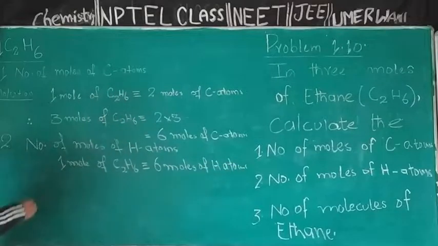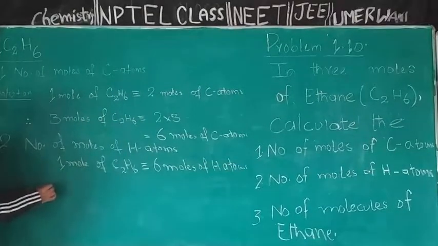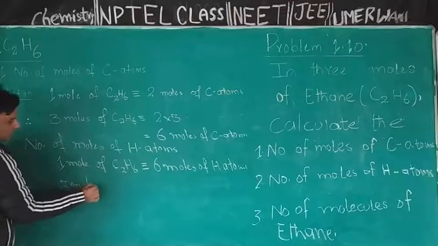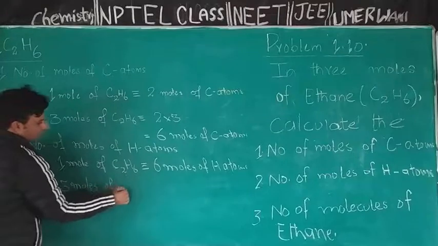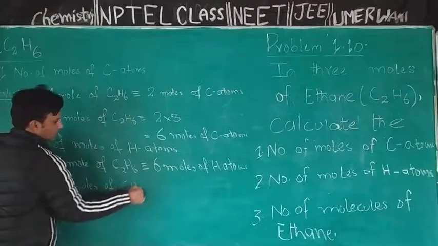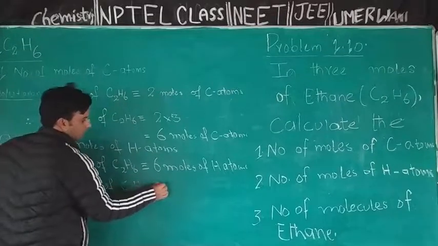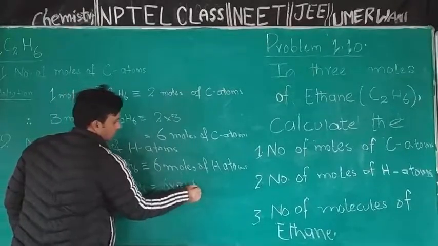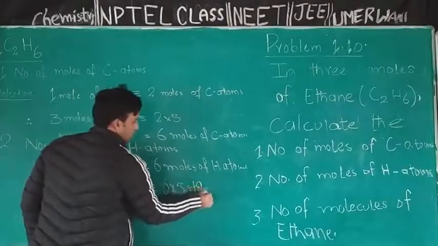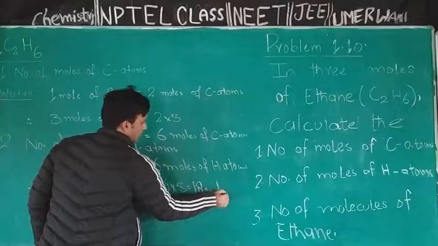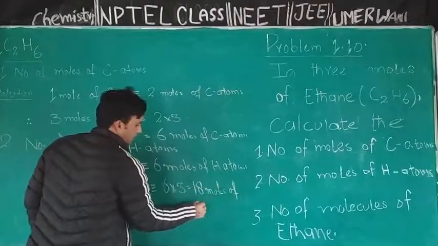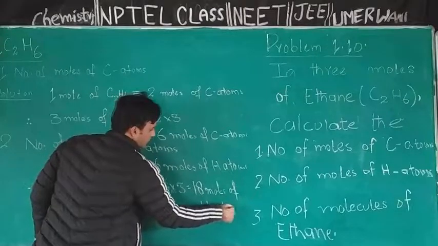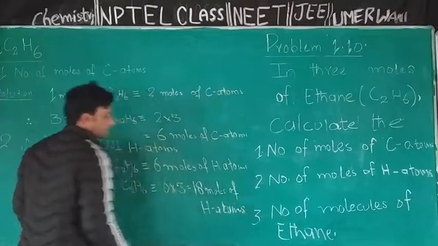Therefore 3 moles of ethane will contain 6 into 3 is equal to 18 moles of hydrogen atoms. 18 mole atoms of hydrogen.